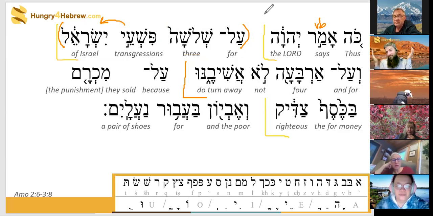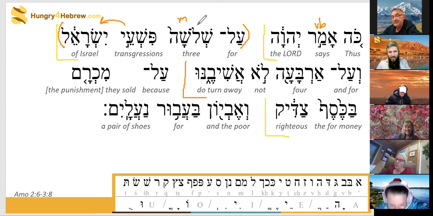It's just telling us how many pish'im there are. How many transgressions are there? Shlosha. Is it masculine or is it feminine? Masculine. Numbers are really annoying like that, aren't they? It looks like it's feminine, but it's actually masculine. All right, so this is the masculine form because pish'im, or psha'im, is masculine.